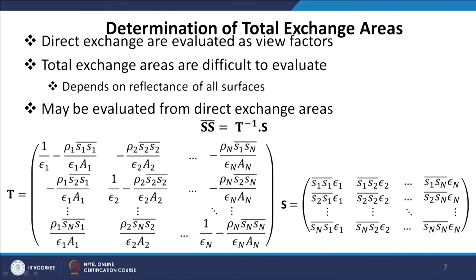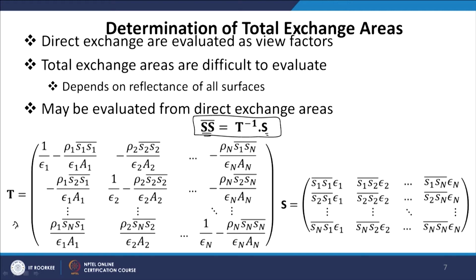The derivation of this is given in the textbook, but I will just summarize the result. Let us say SS represents the matrix or vector of total exchange areas, S represents the matrix of direct exchange areas, and we have a matrix T. Then using this relation, SS = T inverse S, we can convert direct exchange areas into total exchange areas.